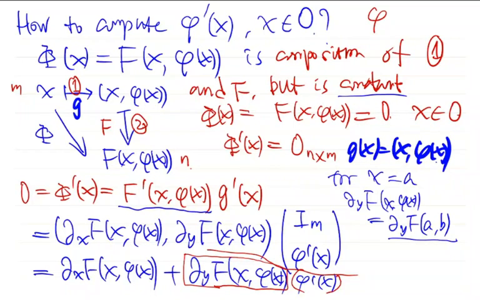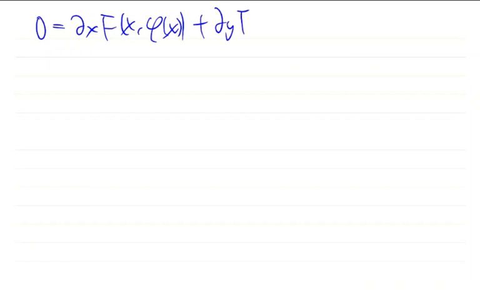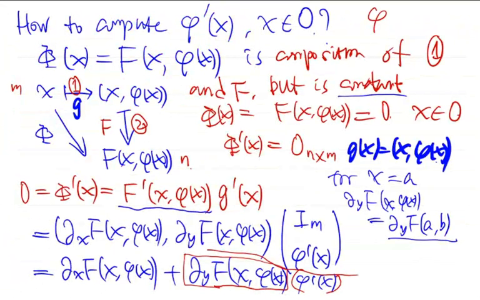So we can multiply both sides of this matrix equality by the inverse of this matrix. We get 0 is dxF(x, phi(x)) plus dyF(x, phi(x)) phi prime x. This is the equality of our last line.